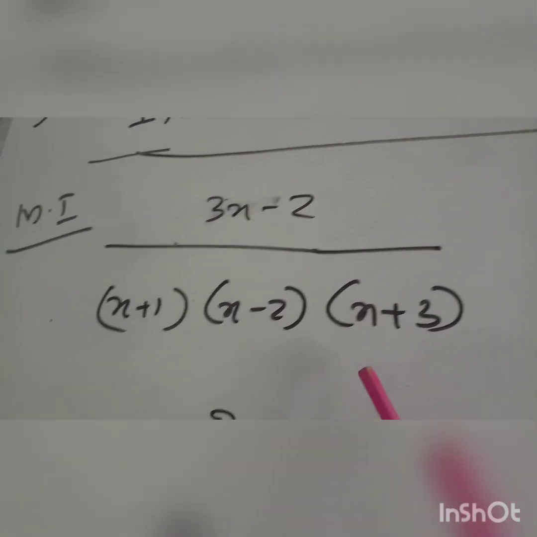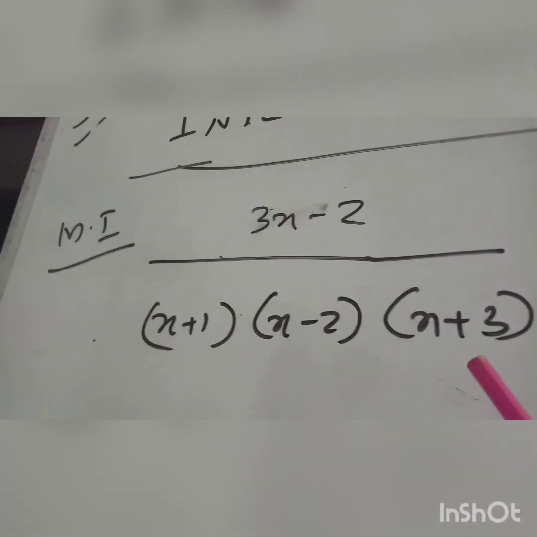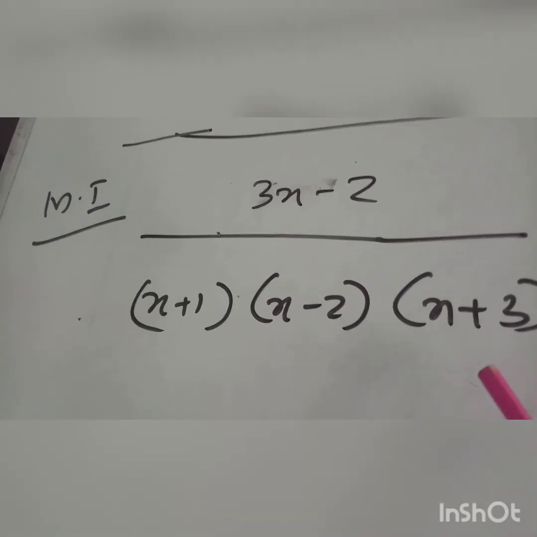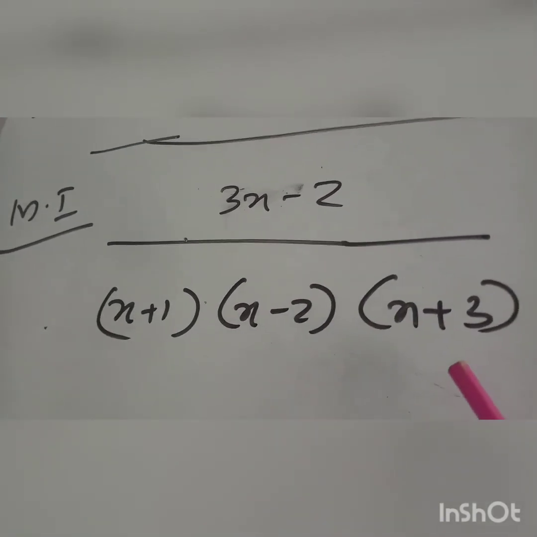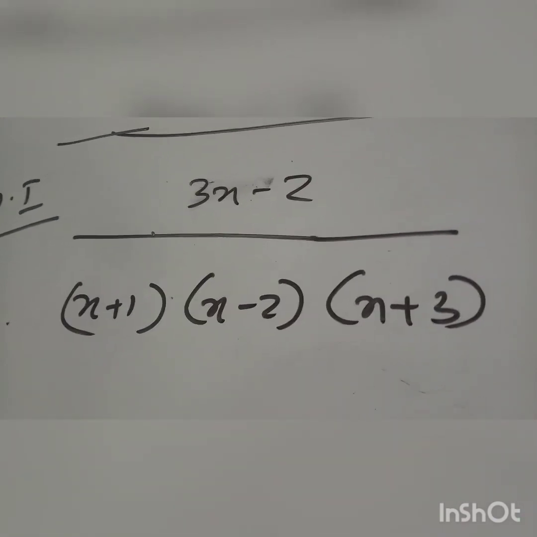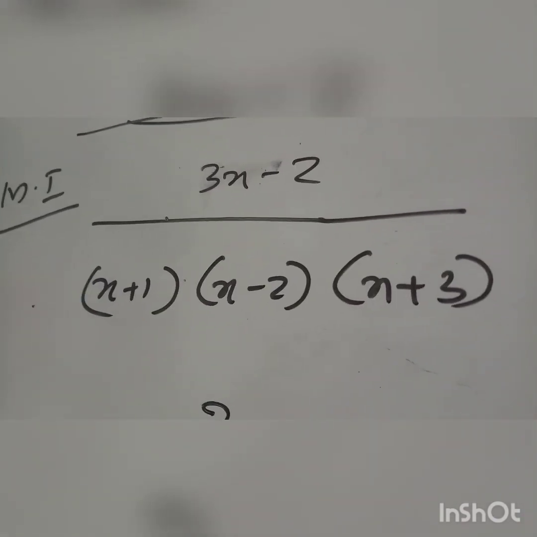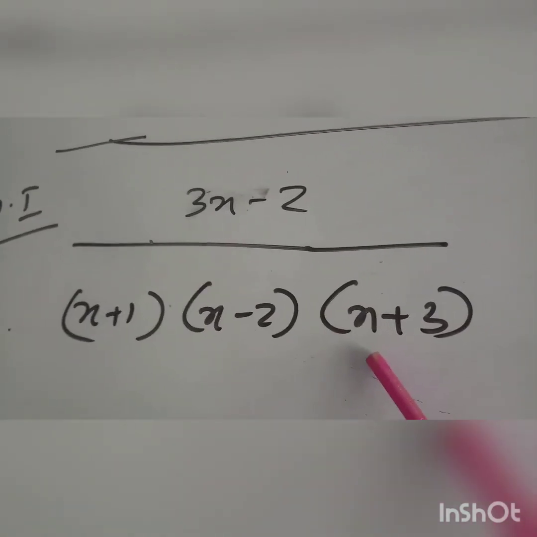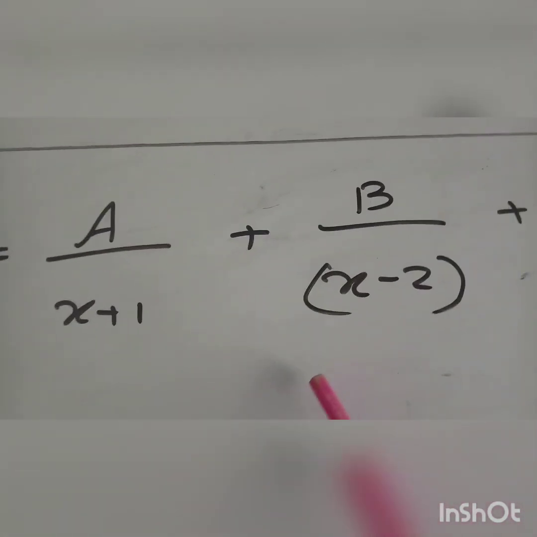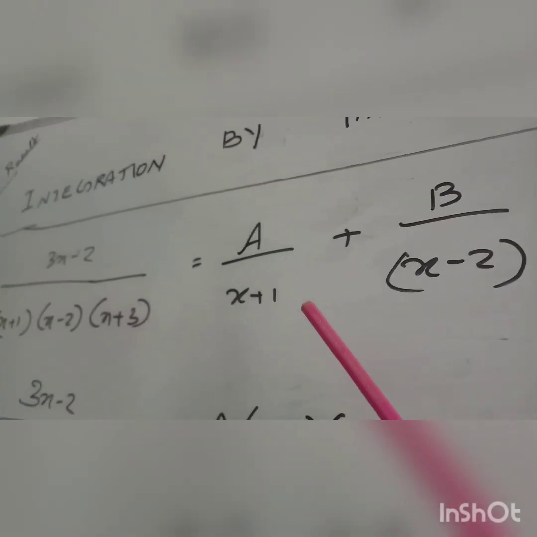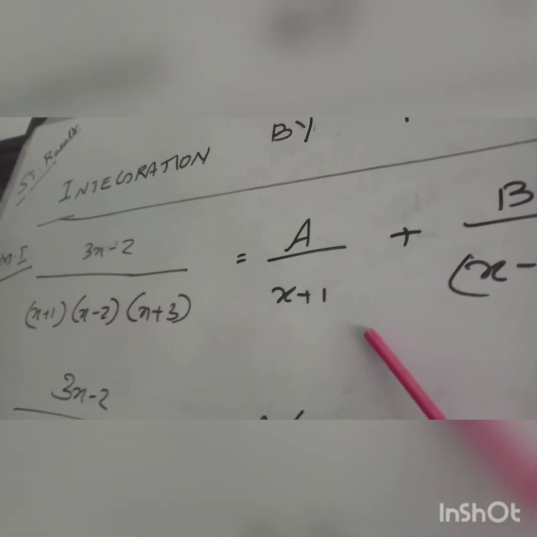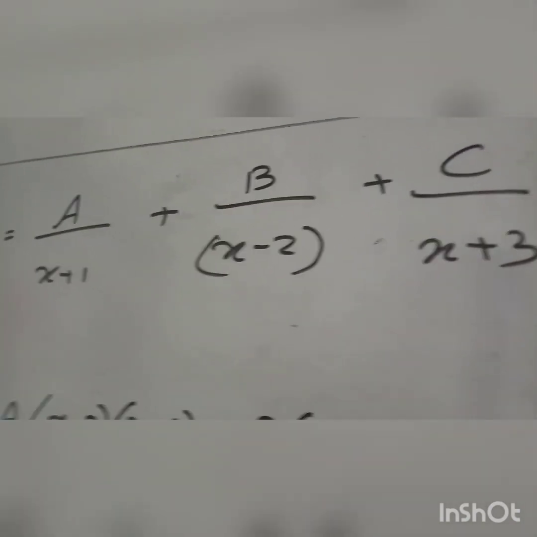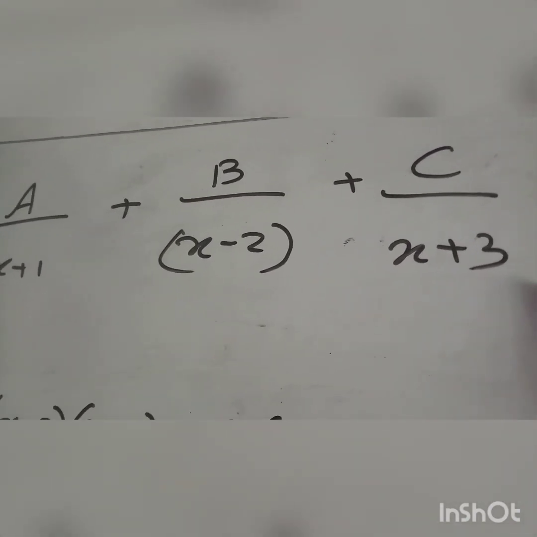For that, let us adopt the very first method of partial fraction. There are three methods here, of which we are going to discuss the first. This portion is very important. To convert this into its linear factors, write this expression as a divided by the first factor, b divided by the second, and c divided by the third factor in the denominator.